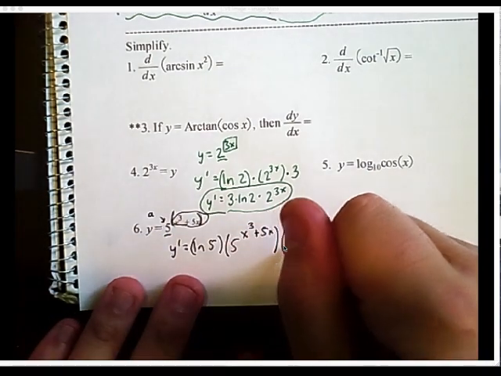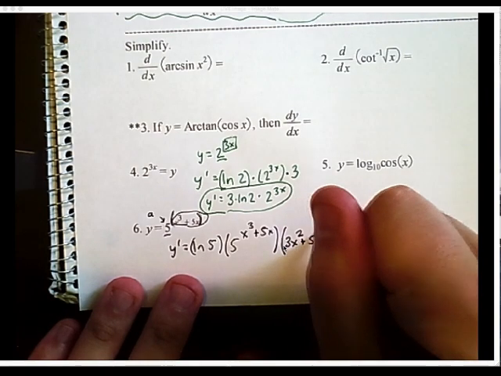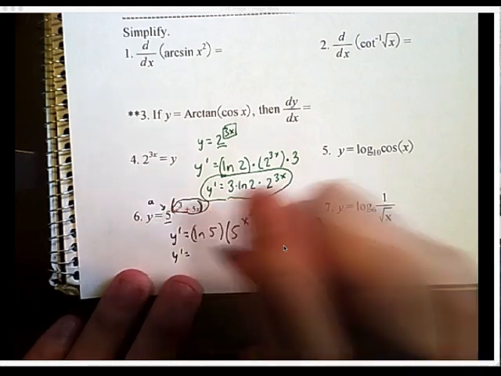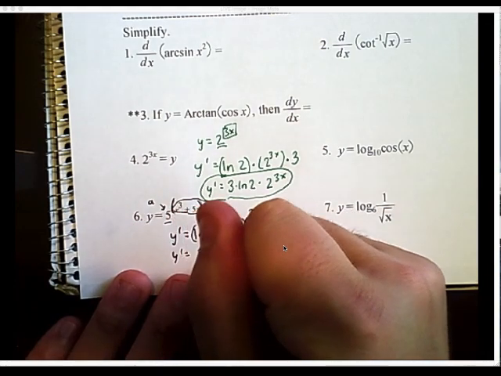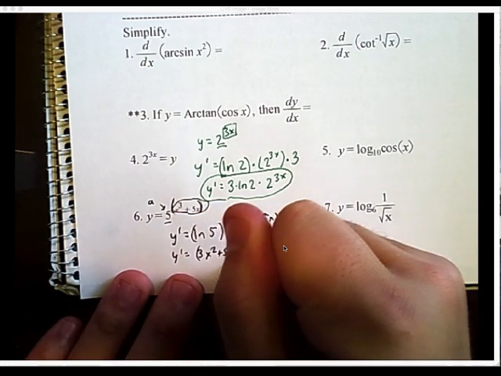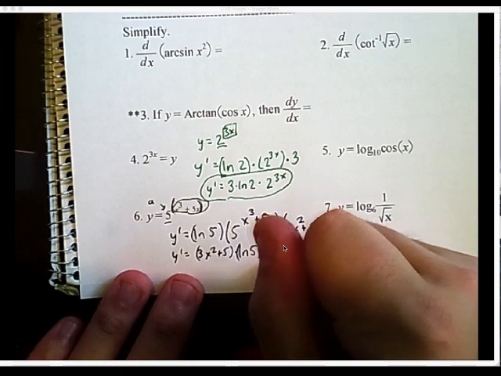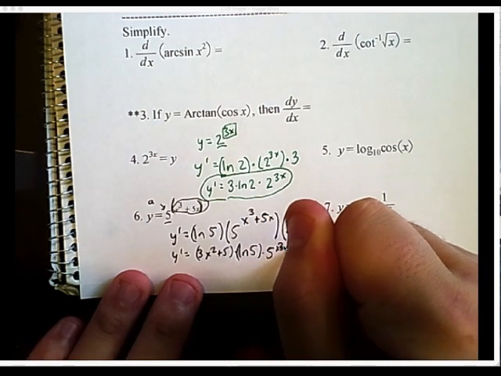So that would be 3x squared plus 5. If we wanted to write that a little bit nicer, we could bring the 3x squared plus 5 to the front times the natural log of 5, which is just some decimal, times 5 raised to the x cubed plus 5x power.